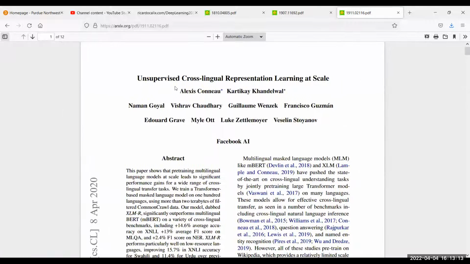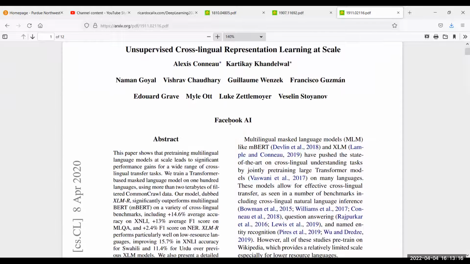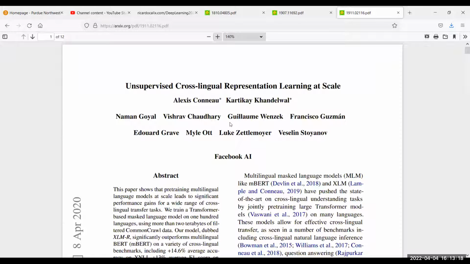Right, and this is Roberta XLM basically. All right, so we're going to talk about these three papers in sequence.